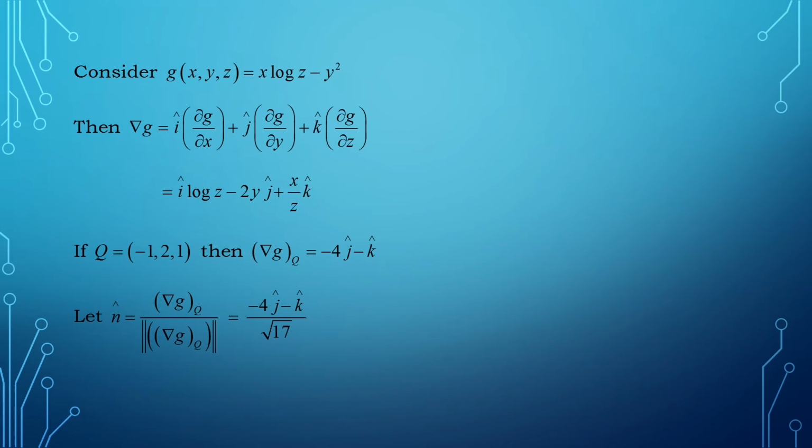In the first part, we have found the gradient of the given scalar field phi at the given point P (1, -2, -1).